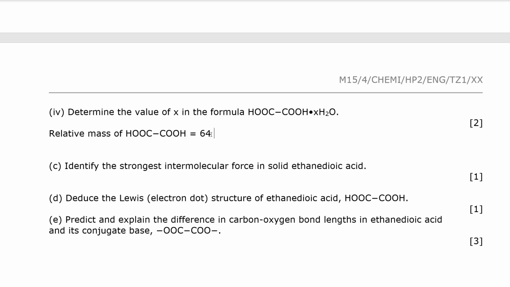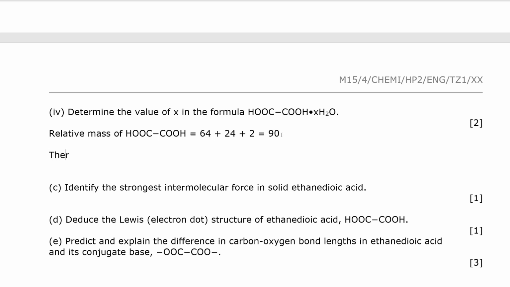Let's do it piecemeal. 64 plus 24 for the 2 carbons plus 2 for the hydrogens equals 90. Therefore the relative mass of X water will be equal to the calculated 126.19 minus 90, which comes to 36.